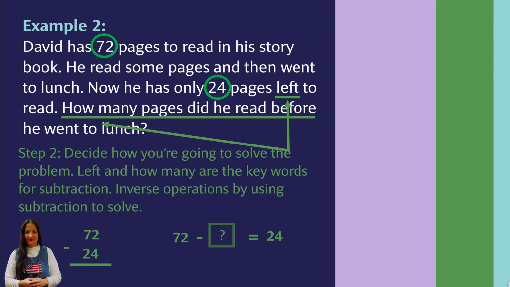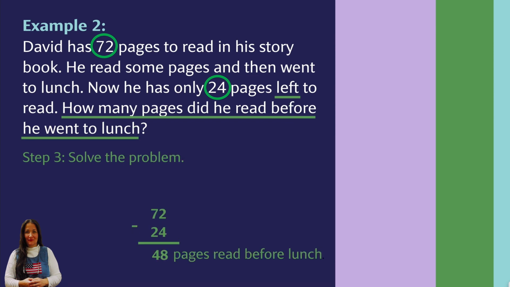This is an example of inverse operations. Step 3. Solve the problem. 72 minus 24 equals 48 pages read before lunch. Step 4. Check your answer. 48 plus 24 equals 72.